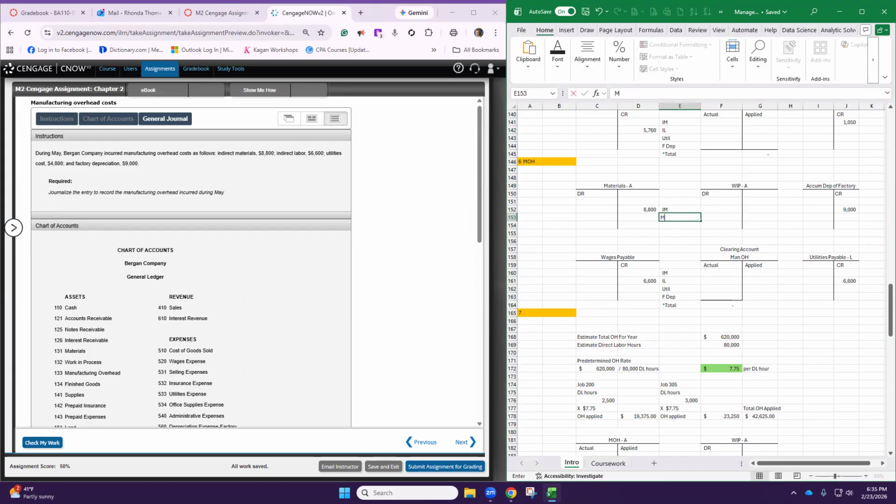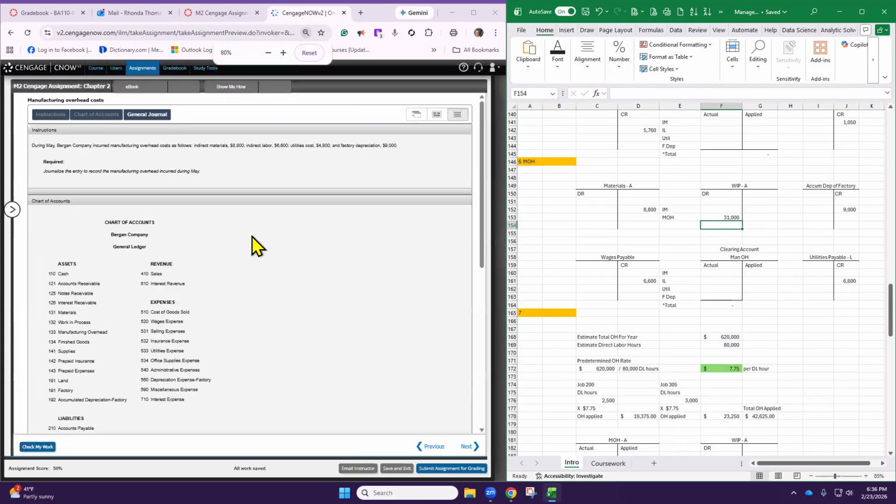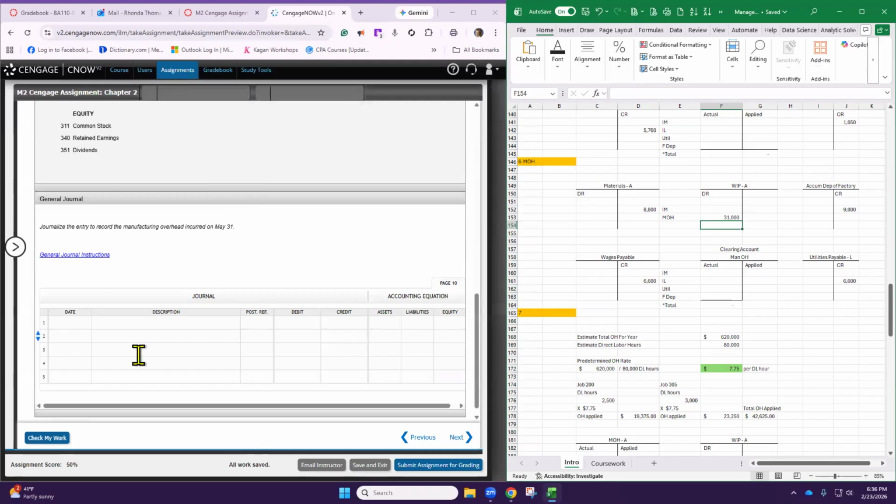we're going to debit manufacturing overhead. Okay, so let me see here if I got all four. Yes. So it looks like we've got 31,000. It's going to go in as a debit to work in process.